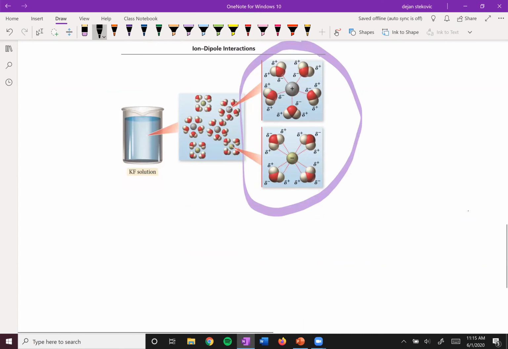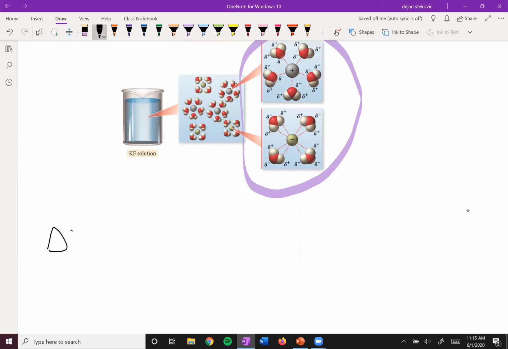And so in a solution, we can take a look at the enthalpy of the solution. So that's delta H of solution. And as we said before, in order to make a solution, we must break up the solute-solute interactions. So this is a positive number, right? This is an endothermic process. We must also break up the solvent-solvent interactions.